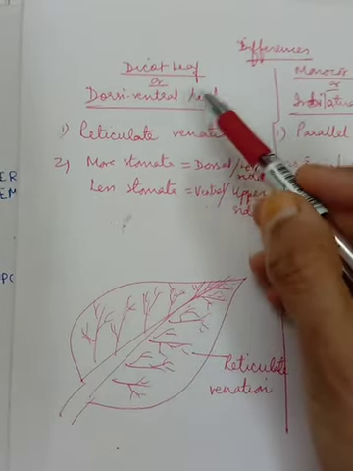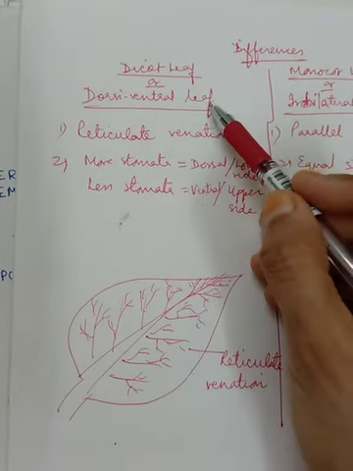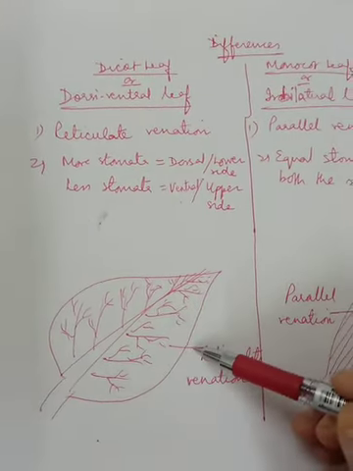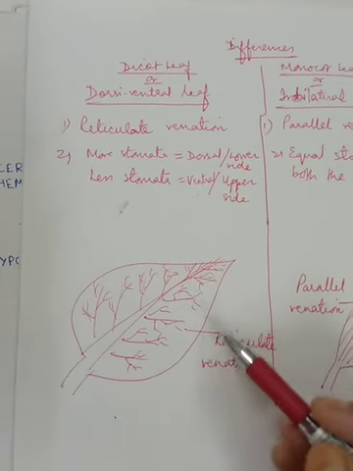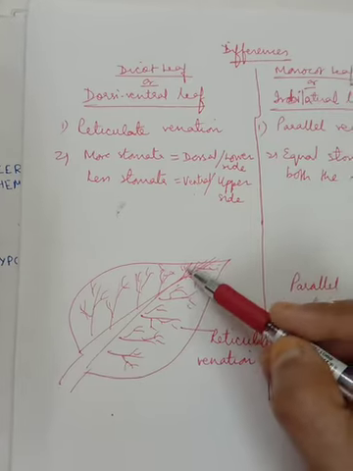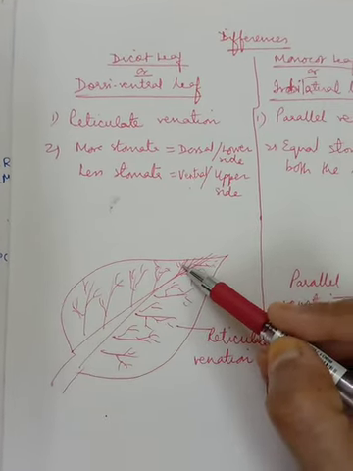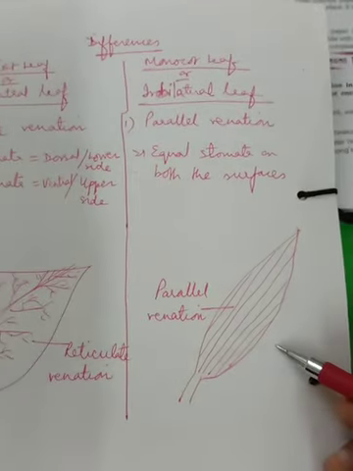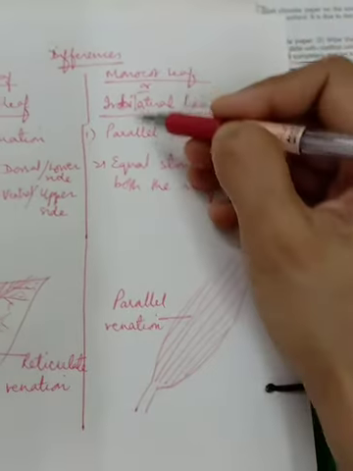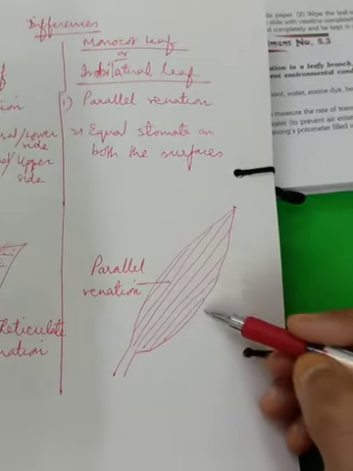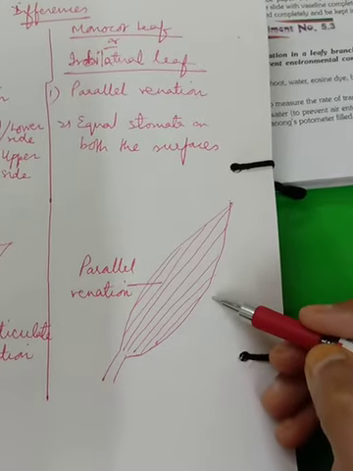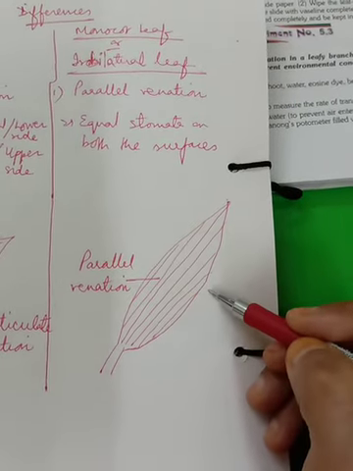That is why we call such leaves dorsiventral, right? Because the dorsal and ventral sides have different numbers of stomata, more on the lower side and fewer on the upper side. In comparison, why are isobilateral leaves called iso? Iso means same. That is, both sides of the monocot leaf have an equal number of stomata.